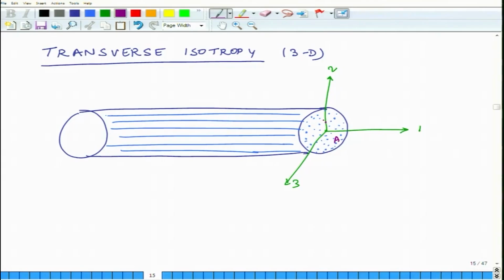Let us just assume that I cut a sample of this orientation. This is sample A and it has a thickness in the one direction. So, how does sample A look?